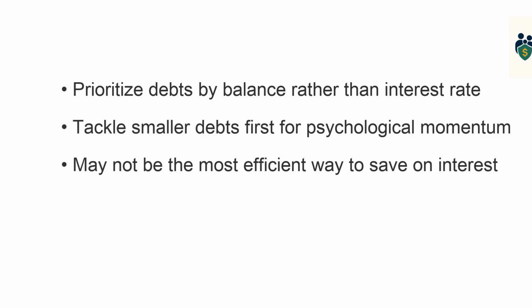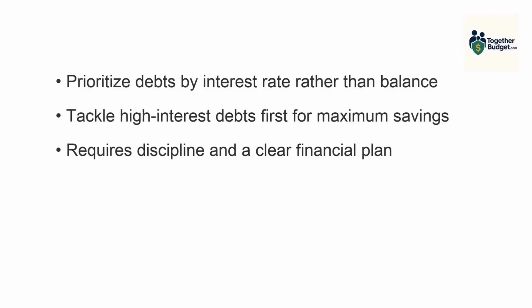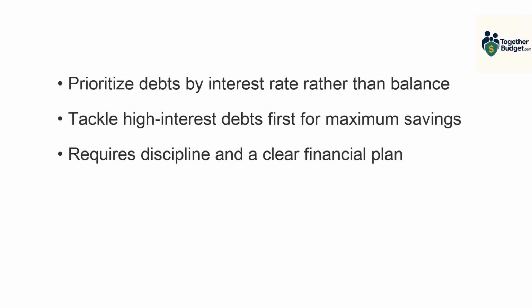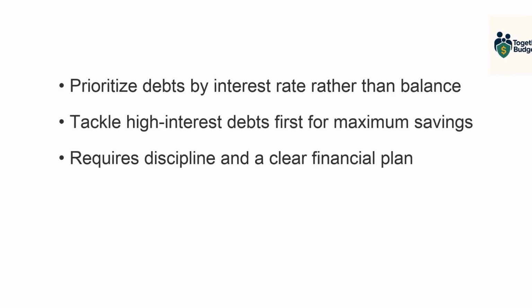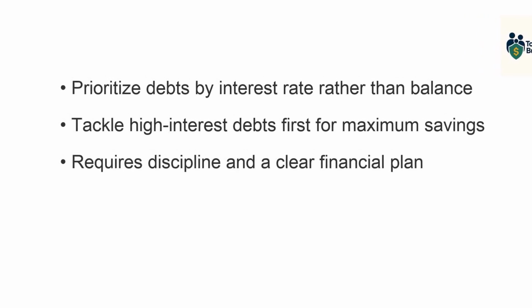However, some argue that this method may not be the most efficient way to save money on interest over time. The debt avalanche method, on the other hand, prioritizes debts based on their interest rates.